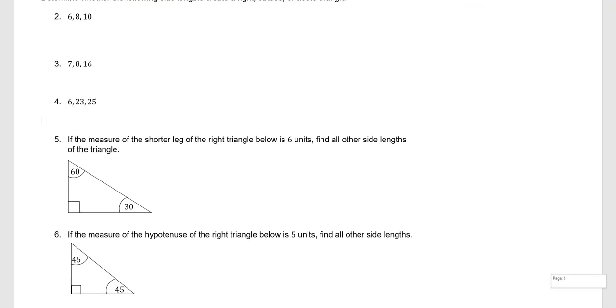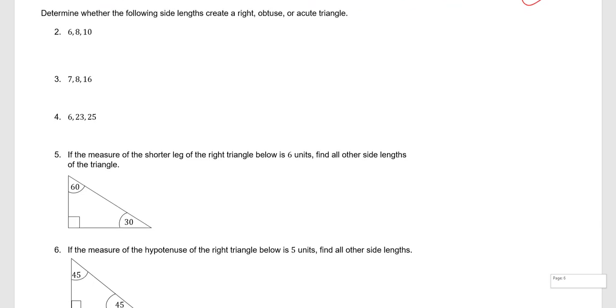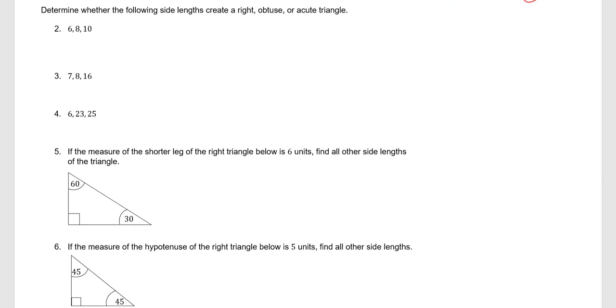Okay. Next exercise. Determine whether the following side lengths create a right, obtuse, or acute triangle. So again, for each of them, the way to do this is just take the long side, 10 squared, and then compare it to the sum of the shorter sides, so 6 squared plus 8 squared.